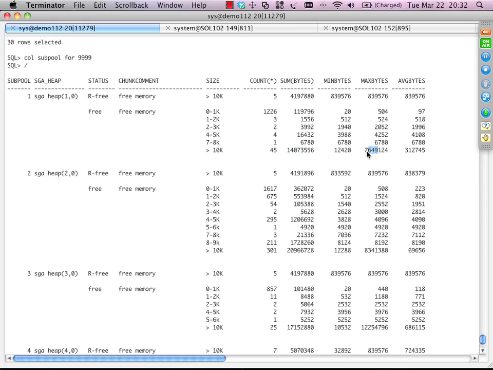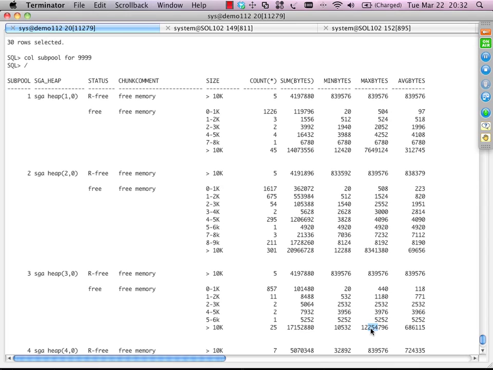You see, the biggest free chunk in this sub-pool is 7 megabytes. So, you know, it's a very big chunk. Here you have even 12 megabytes. So, you know, we definitely don't have a fragmentation issue in these sub-pools.